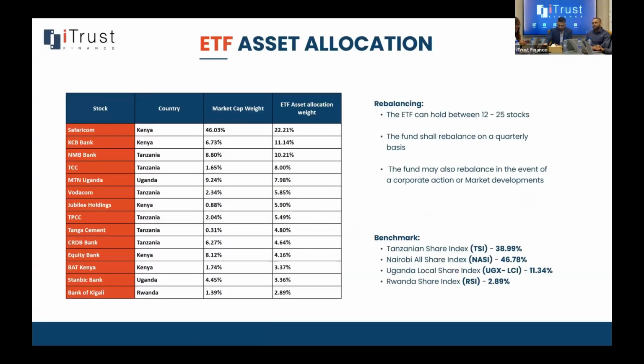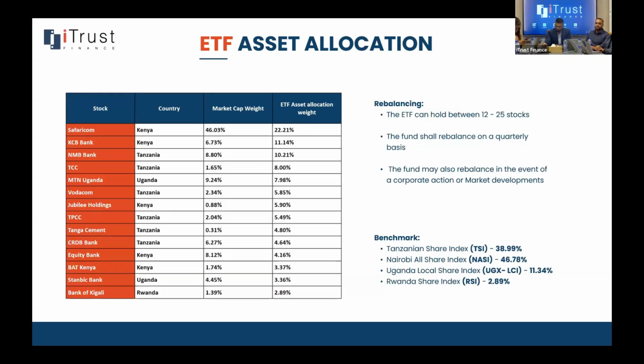Getting on to what exactly the East African Community Large Cap ETF is going to be holding. As Faiz mentioned, we have a total of 14 stocks. Beginning with Tanzania, we have NMB, CRDB, TCC, TPCC, and Tanga Cement. In Kenya, we have Safaricom, one of the largest cap stocks in East African community exchanges, with a market cap weight of about 46.3% in this basket of stocks.